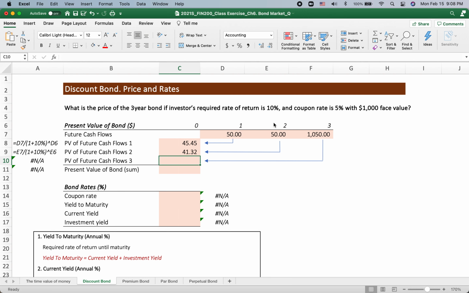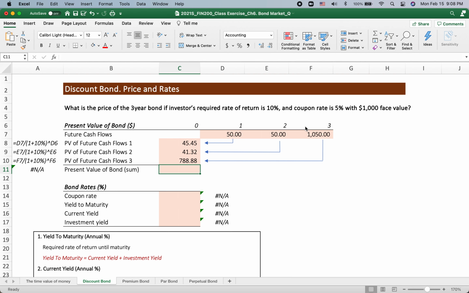So the present value of the future $50 in year 2 at the current time is $41. How about this value? 1,050 divided by 1 plus 10%, to the power of 3, year 3. So we get the present value of the future cash flow of $788.